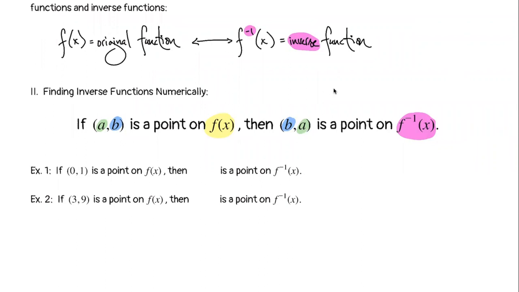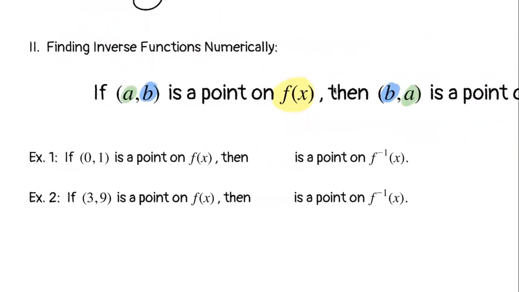It does turn out that all we do numerically is switch the x and y coordinates, okay? So let's take a look at this first example. If 0, comma 1 is a point on f of x, then something is a point on the inverse function. And it turns out, if we follow this definition over here, if 0, comma 1 is a point on the original function, then 1, comma 0 is a point on the inverse function, right?